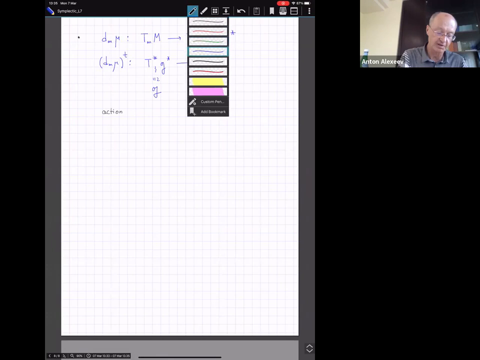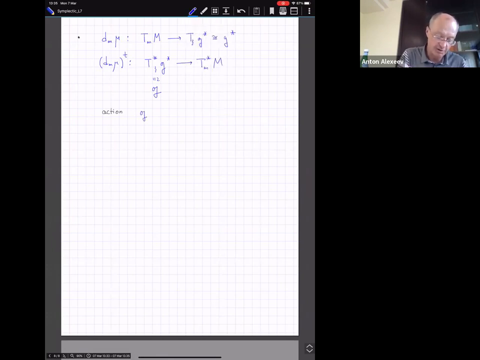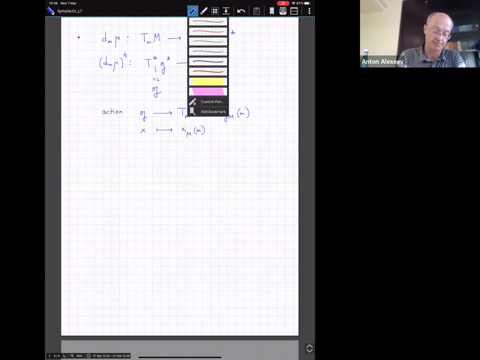We have the map which derives from the action, which maps the Lie algebra to the tangent space, and it maps an element X to the value of the fundamental vector field at the point M. And the image of the Lie algebra G, let me denote it G_M of M. These are the values of all fundamental vector fields at the point M.